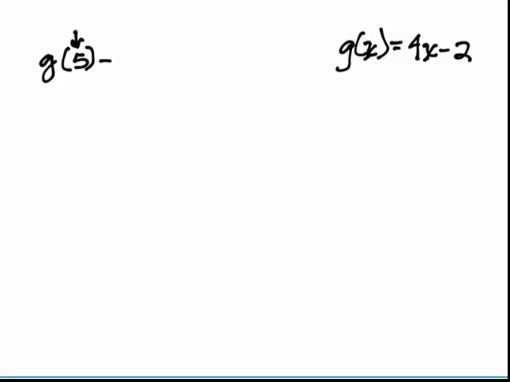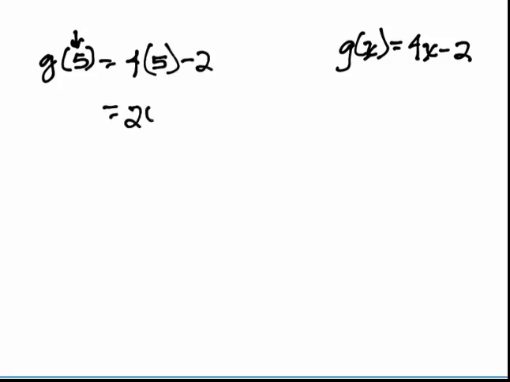Looking at the bottom one, we are going to look at g of 5. Remember our original equation, g of x, that's our original function. It's 4x minus 2. But they're telling us to substitute the 5 in. So we would say 4 times the 5, minus 2.